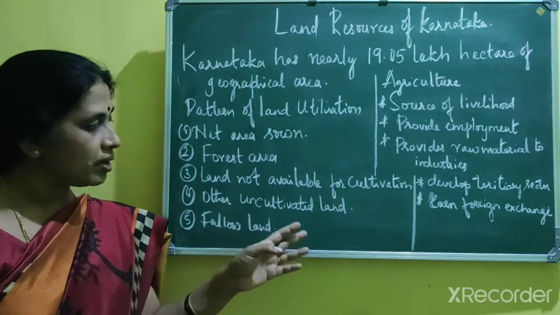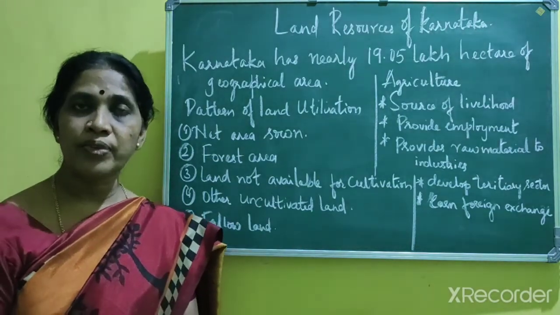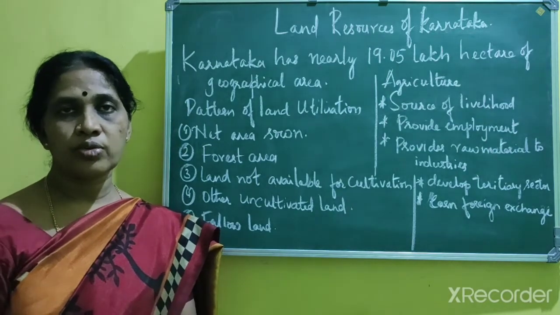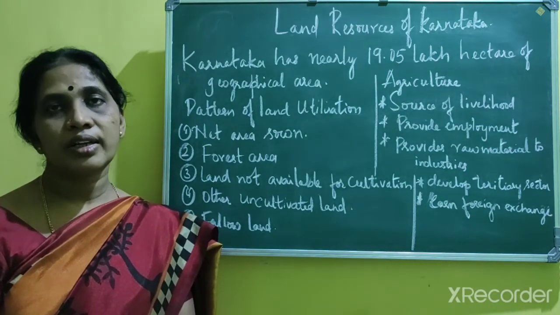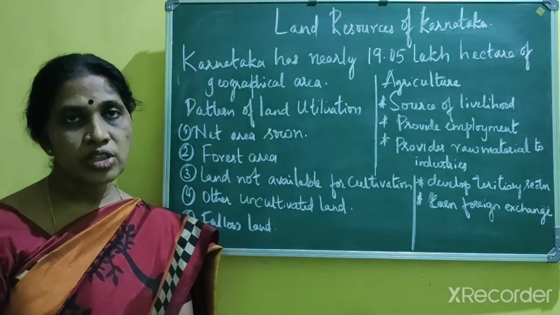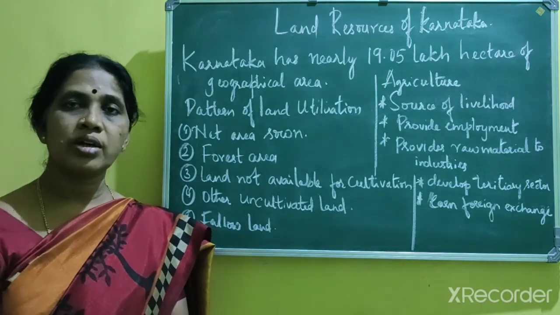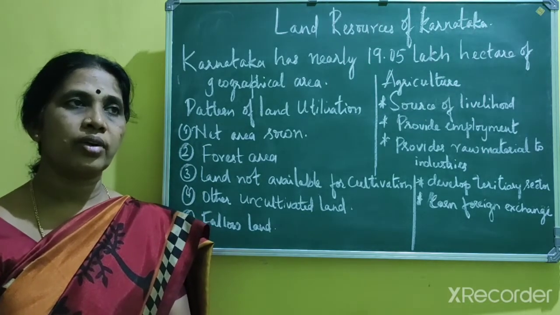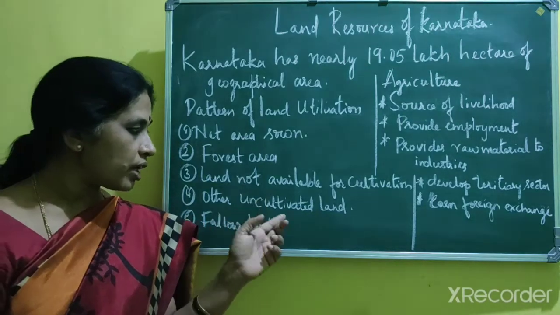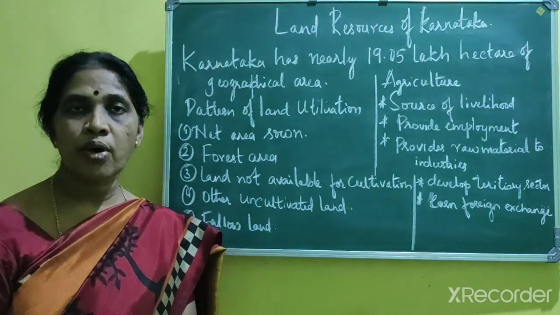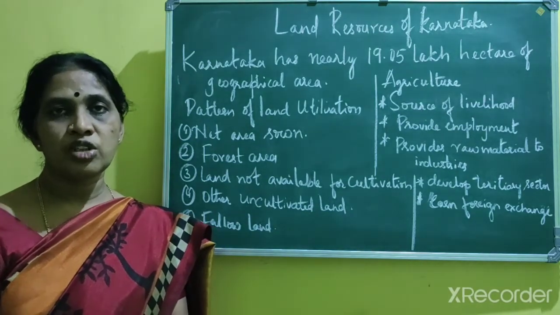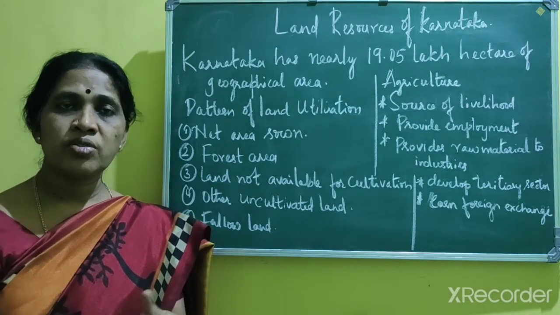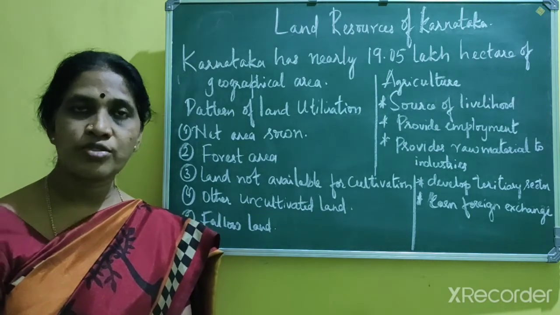This is uncultivated land which has the potential for agriculture, but right now there is no agricultural activity there. This kind of land is mainly found in districts like Chikmagaluru, Shivamogga and Chitradurga. Why? Because you know that it has dense forest.